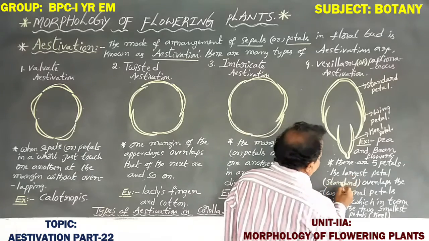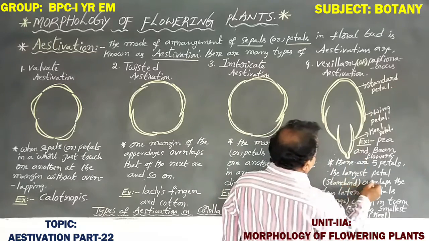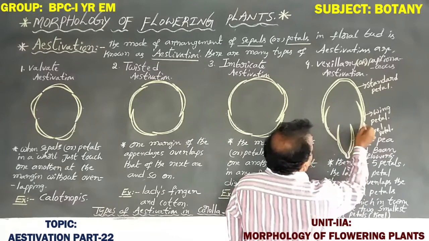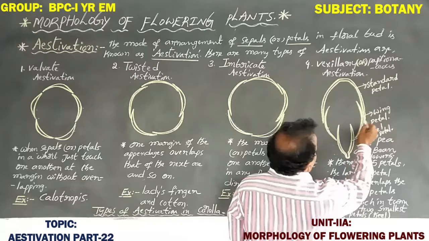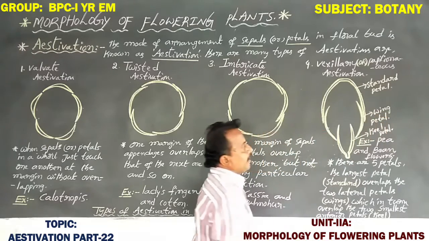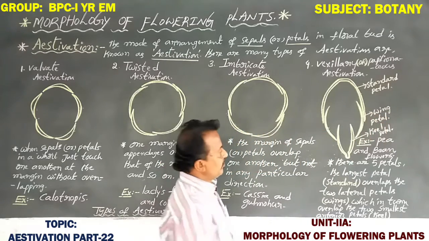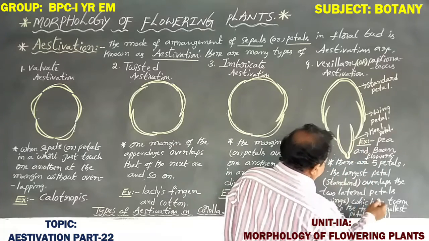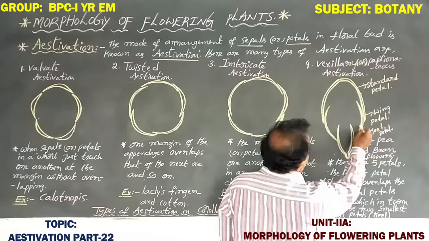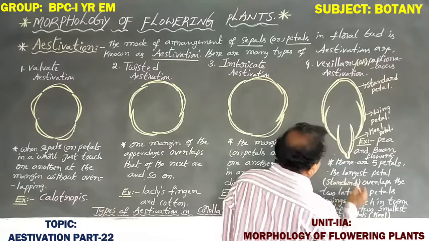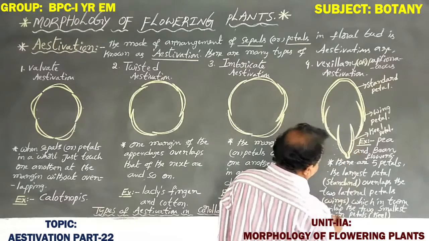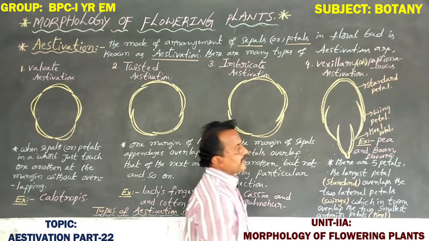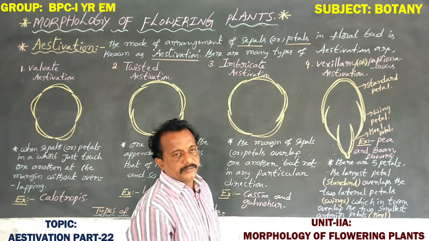This largest petal, or standard petal, overlaps the 2 lateral petals, known as wing petals. The wing petals in turn overlap the 2 smallest anterior petals, known as keel petals.